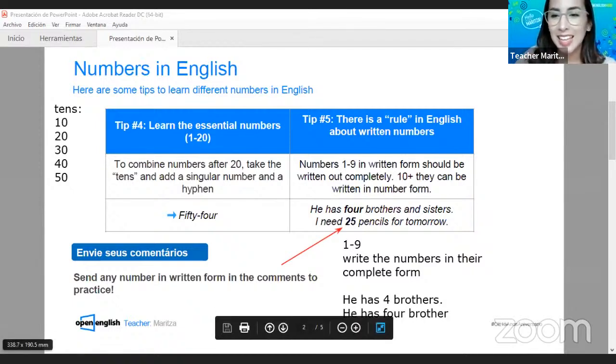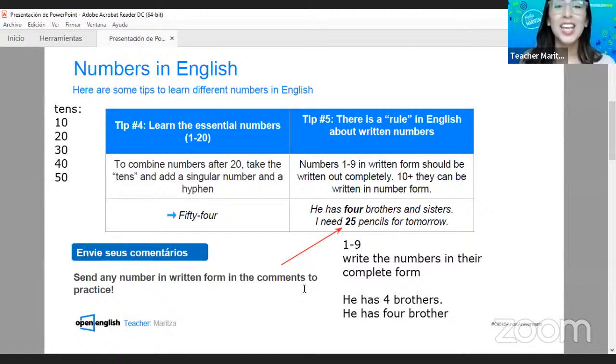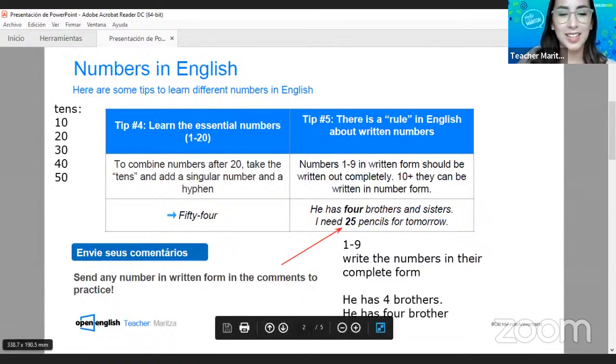Let me know here if you are in our class, and send any number in written form in the comments to practice. If you want to practice writing a number, send it in the comments so we can practice. I'll take a look at your comment here. Don't be shy.